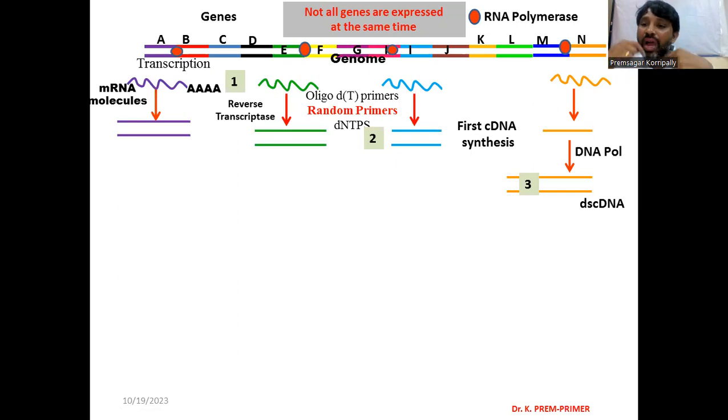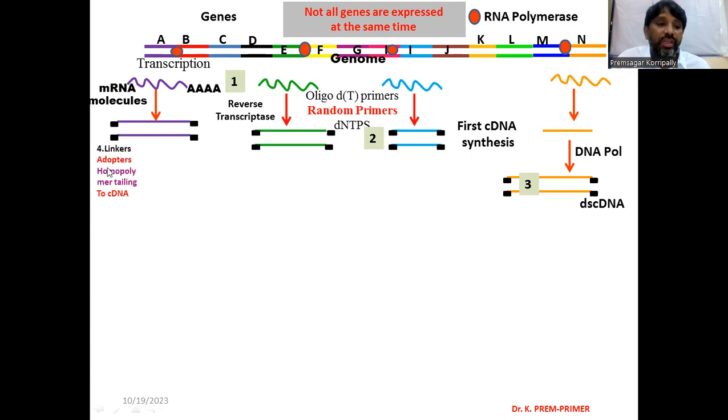So what we have to do is add linkers or adapters or homopolymer tailing so that cohesive ends are added at the ends of the double-strand cDNA molecule. You can see here, linkers or adapters or homopolymer tailing is done to the double-strand cDNA molecule so that they are ligatable with the vector molecule.